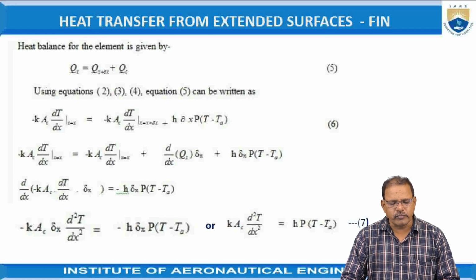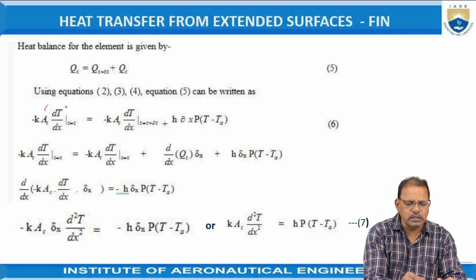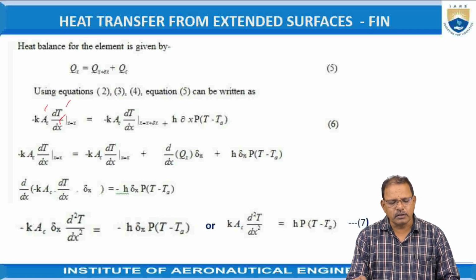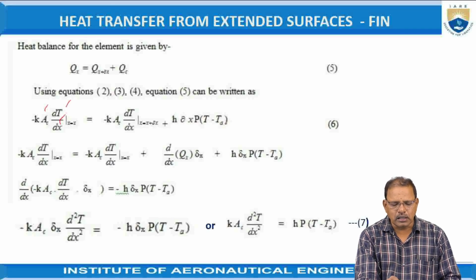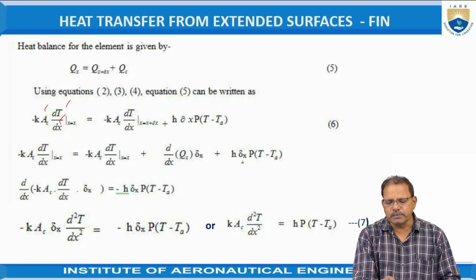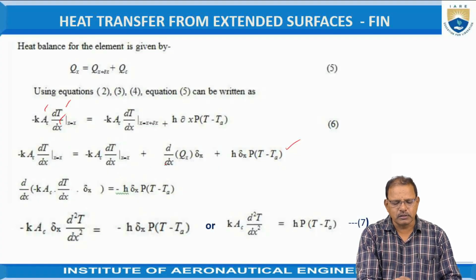Using these equations, we get minus K A C dT by dx at x equal to minus K A C dT by dx from x to x plus delta x, plus h into dx into P into T minus T A. From these relations, we get d by dx, because both terms are equal, they get cancelled.